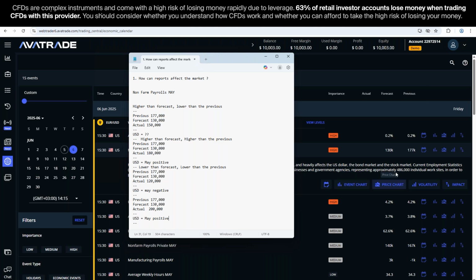If we're expecting a range of 130,000, last time was 177,000, non-revised, so what do you think if now we're going to have another 200,000 jobs, not 177 like last time, or even 130 like the approximate expectation? Well, in this case, again, dollar may positive, plus. So we have a reason to believe that the dollar will respond positively, since this report, as I have explained, describes the new jobs added besides the agriculture sector.